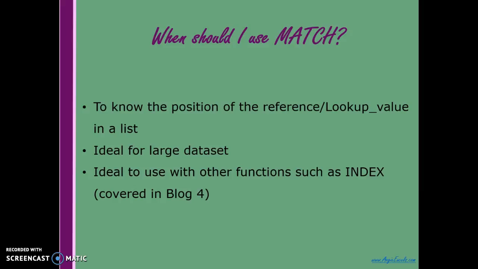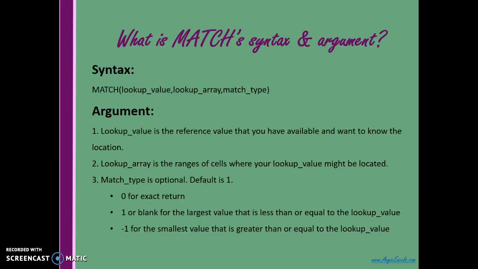So moving on, what is match's syntax and argument? So there's the syntax, and don't get cross-eyed. I'll explain what it means. The lookup value is the reference value that you have available and want to know the location of. So for example, earlier I said you're looking for the name Angie Excels within a list.